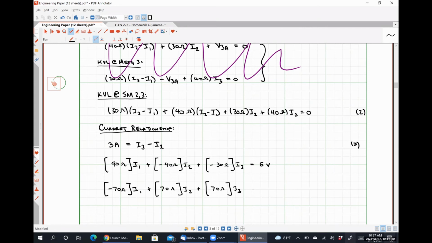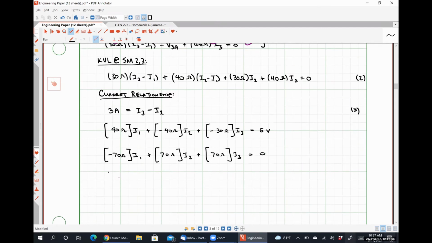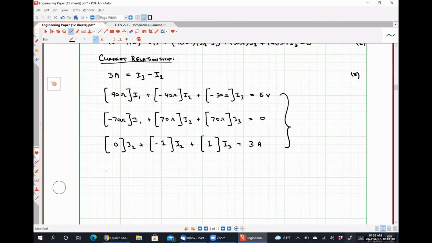And all of these together equal 0. Our third equation: we have 0 times I1 plus negative 1 times I2 plus 1 times I3 is equal to positive 3 amps. And we solve this system. So take a couple of minutes and tell me what your results are.